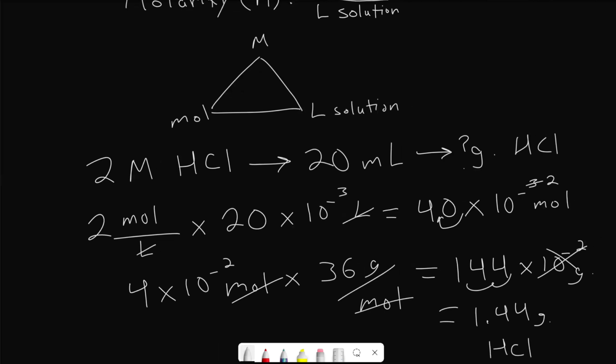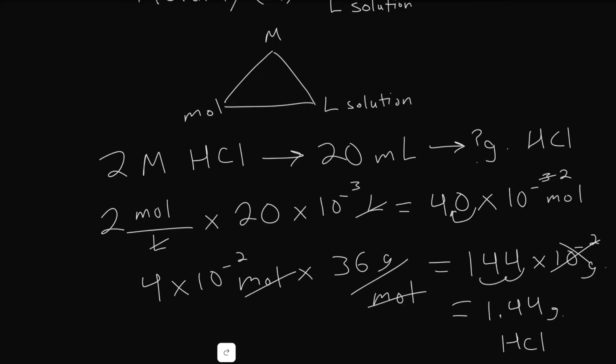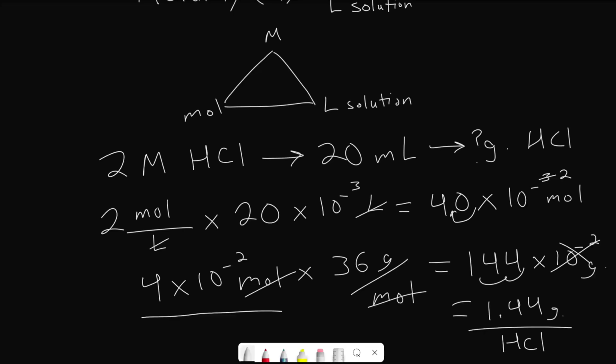That means that if I have a 2 molar HCl solution and I take 20 milliliters of that, and then I ask how many grams are there, I know both that there's 4 times 10 to the negative 2 moles, and I also know that that is equal to 1.44 grams HCl approximately, because I approximated this molar mass.